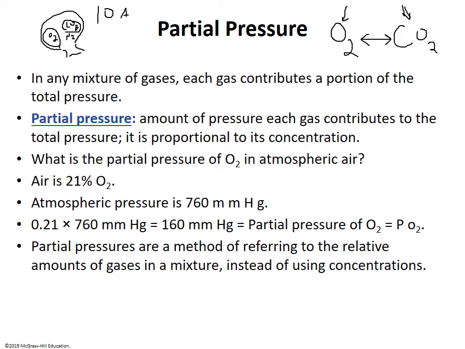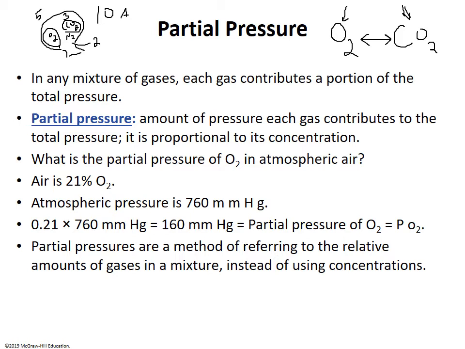So if I know that oxygen has a partial pressure in this of 5, carbon dioxide has a partial pressure of 3, I automatically know that nitrogen's got a partial pressure of 2. So partial pressures are just looking at the concentration of each gas, in a way of percentage, in a mixture. And that's all a partial pressure is.